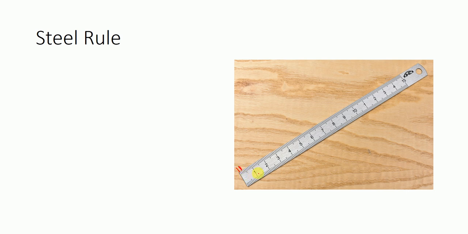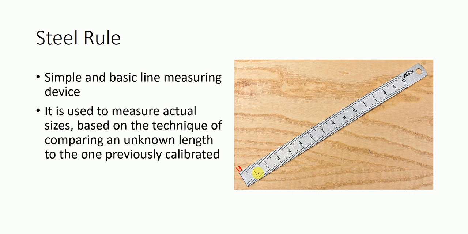So let us study about this steel rule. Steel rule is a simple and basic line measuring device. It is used to measure actual size based on the technique of comparing an unknown length to one previously calibrated. So on which technique does it measure linear dimensions?